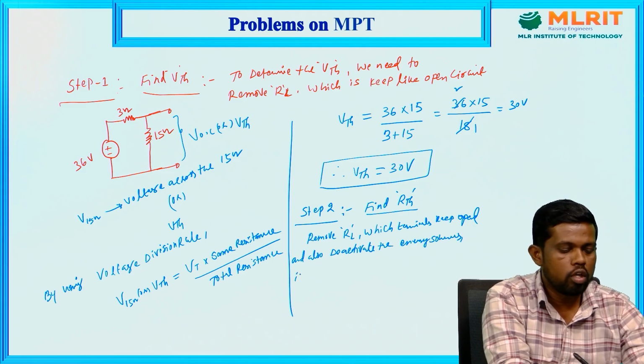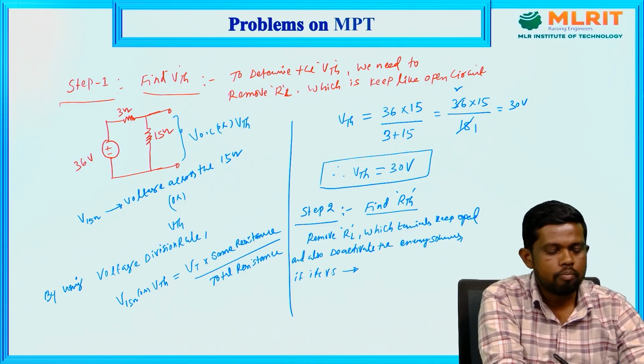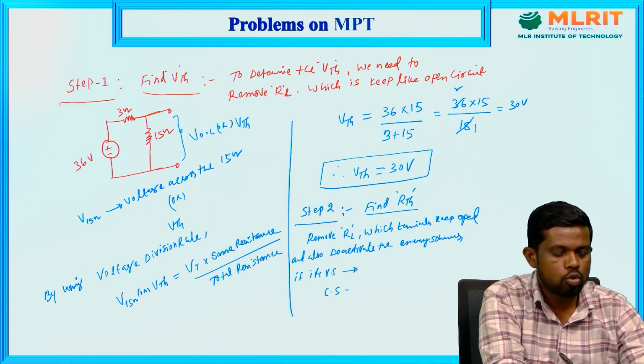If it is a voltage source, we replace it with its internal resistance. If it is a current source, we also replace it with its internal resistance.